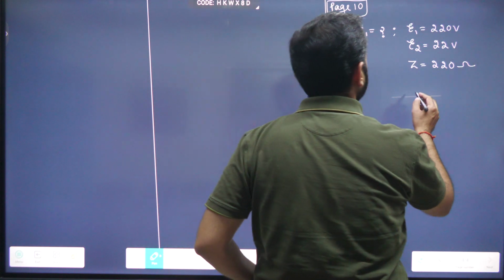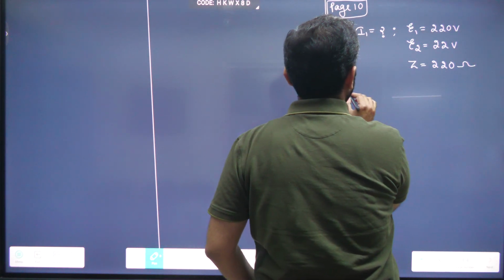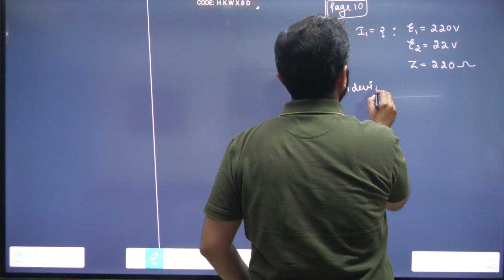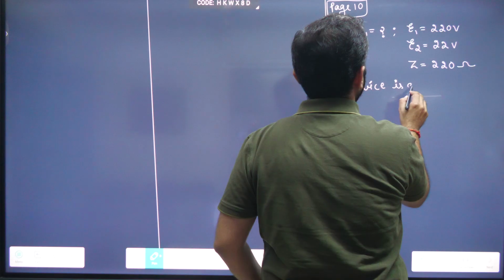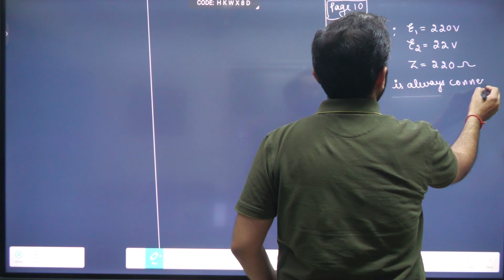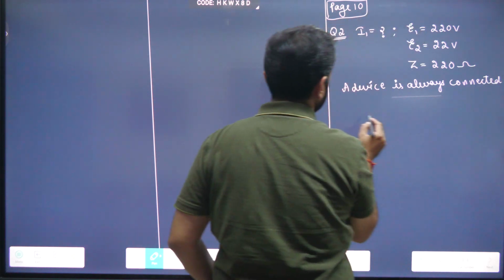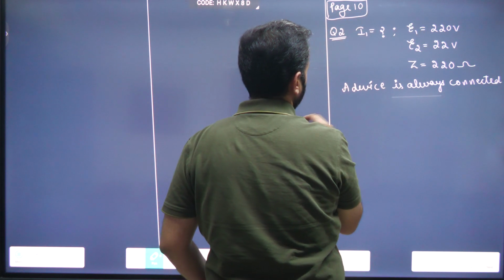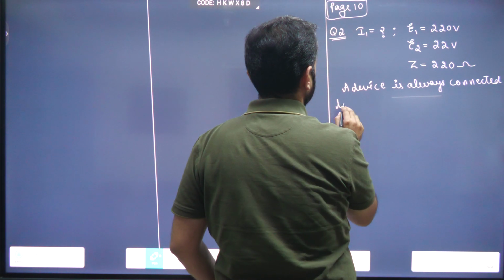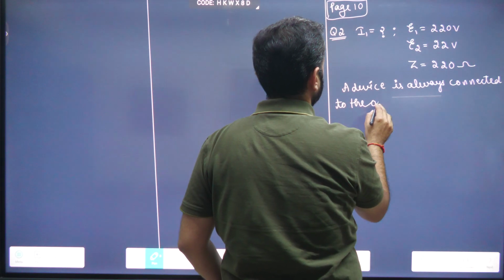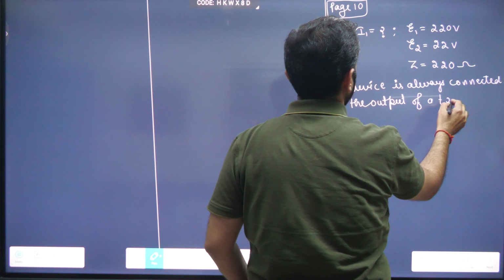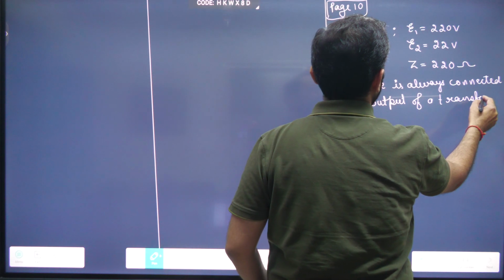Therefore, a device is always connected to the output of a transformer.